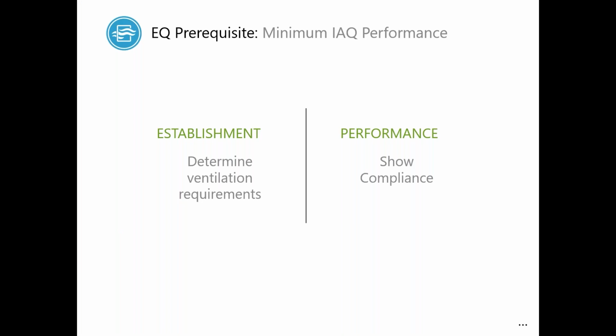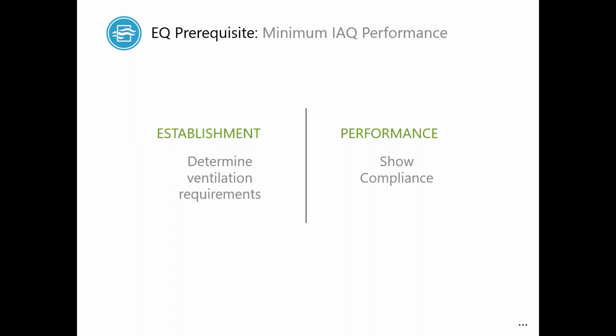For our establishment, we're going to determine the ventilation requirements. How much fresh air do we need for the size of our building and the amount of occupants we have in there? And each air handling unit, we've got to make sure shows compliance to those ventilation requirements and how it corresponds with either case 1 or case 2, which we'll get to in a bit.